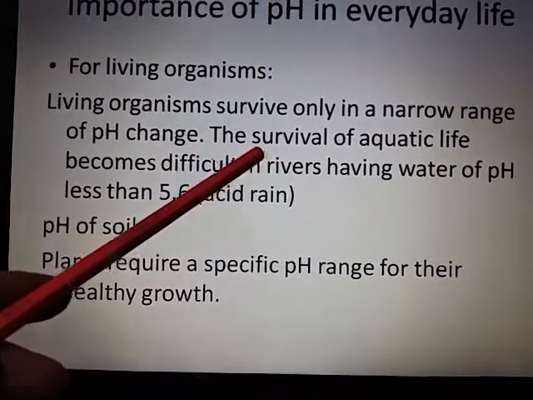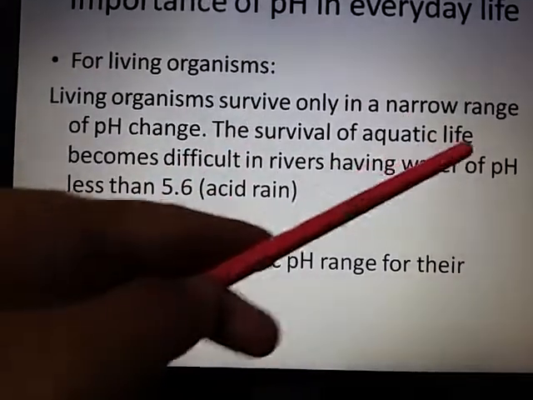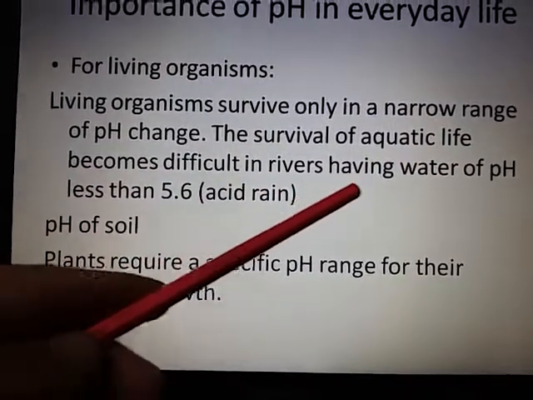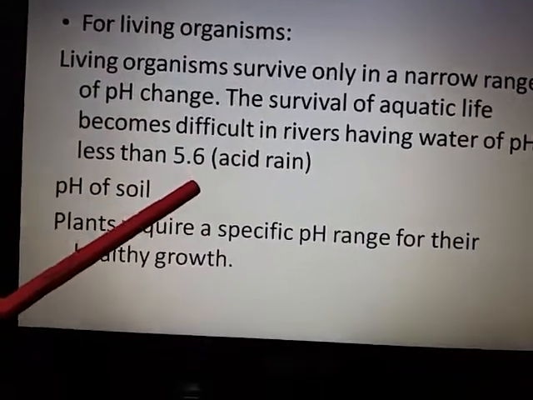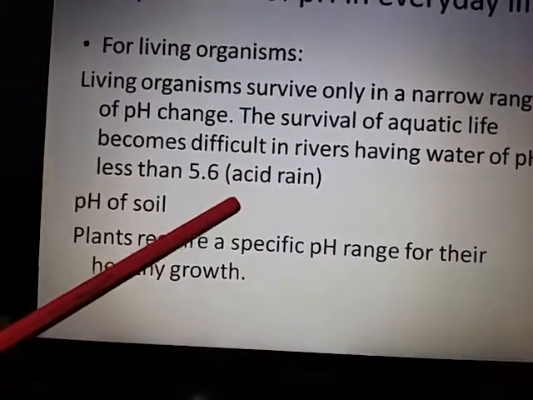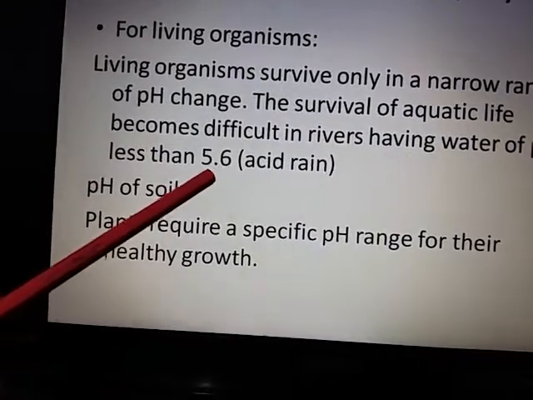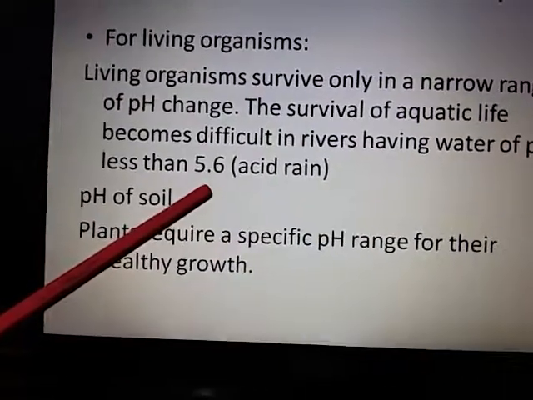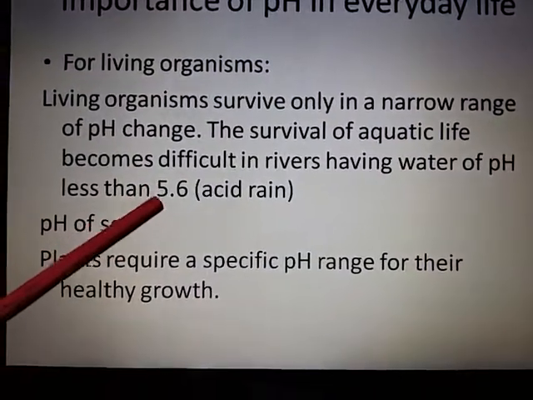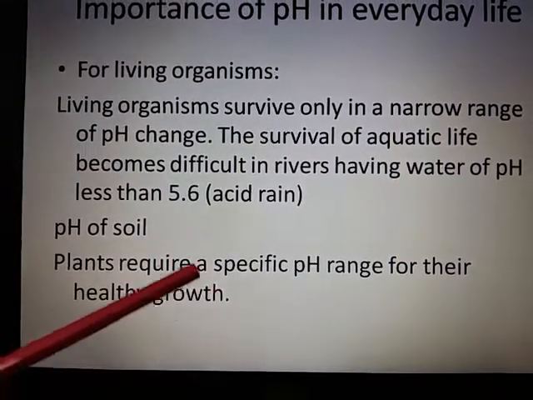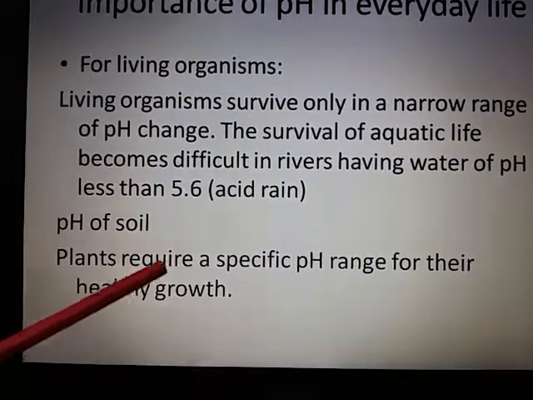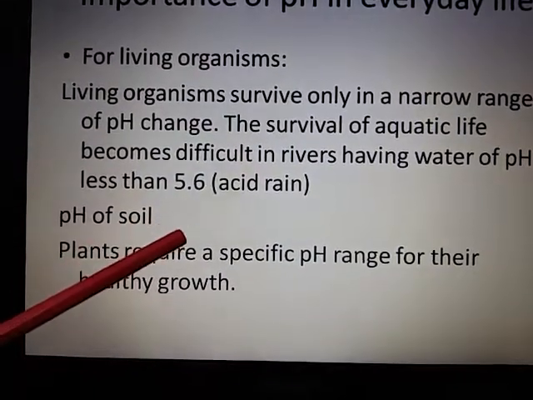Survival of aquatic life becomes difficult in rivers having water of pH less than 5.6. The pH of acid rain is 5.6 or below, and it is very difficult for aquatic animals or plants living in water if the pH goes down.